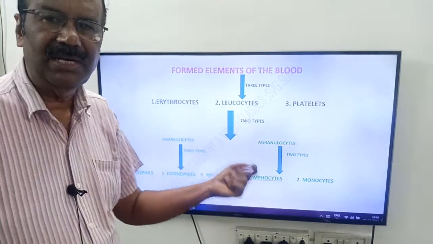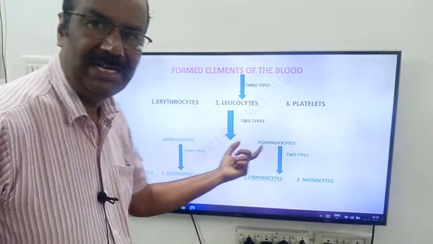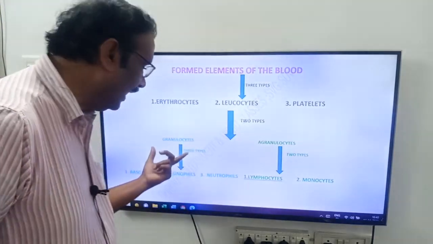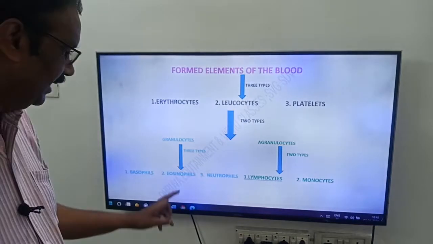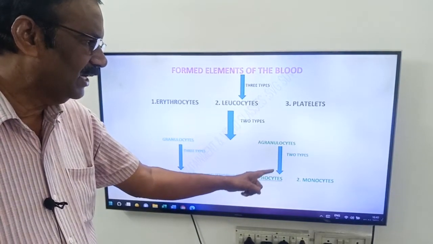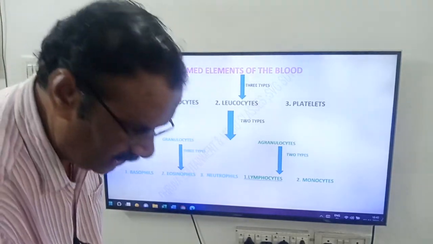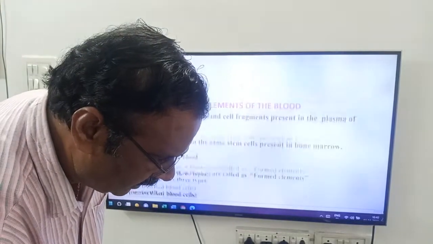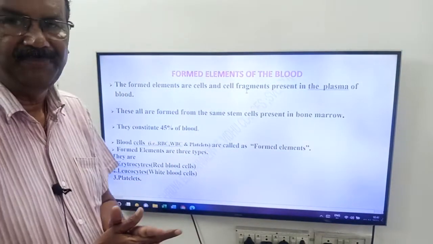Leukocytes are further divided into granulocytes and agranulocytes. Granulocytes are three types: basophils, eosinophils, neutrophils. Agranulocytes are two types: lymphocytes and monocytes. Now come to the definition of the formed elements.